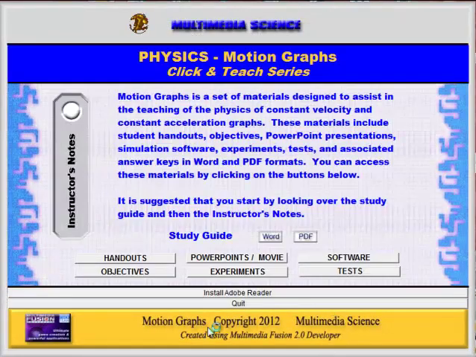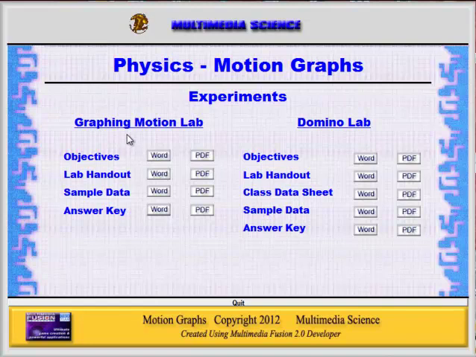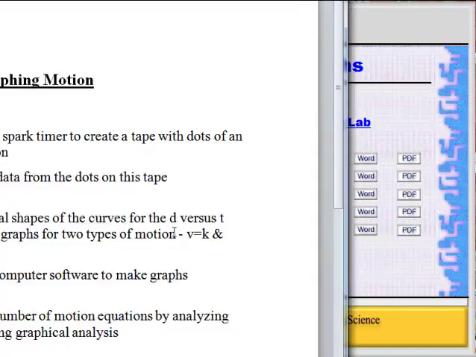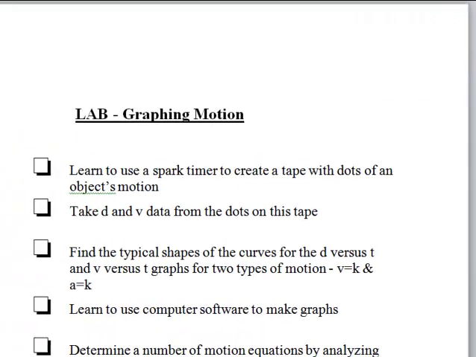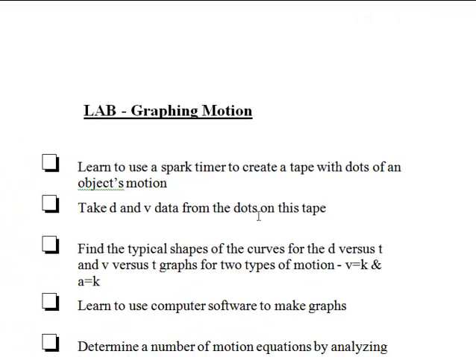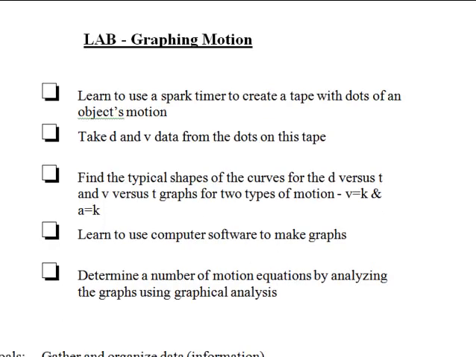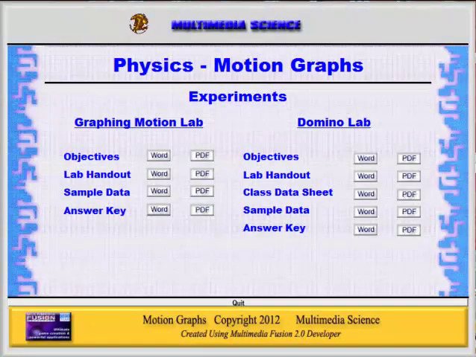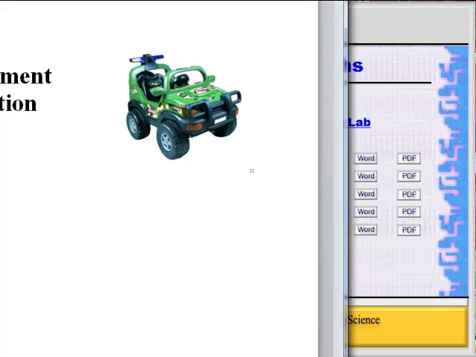There are a number of experiments, one on the graphing of motion. Here are the objectives, centered around using a spark timer and learning to use the computer software to make graphs. All the materials come with answer keys.